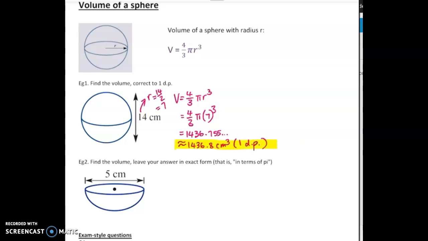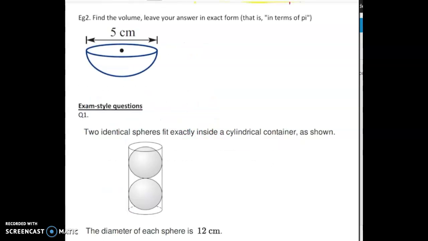Okay, let's have a look at the next example. We have a half of a sphere. Remember, we call that a hemisphere. Now, if our volume formula for a whole sphere is 4/3 of pi r cubed, the volume for half of that would be times a half.